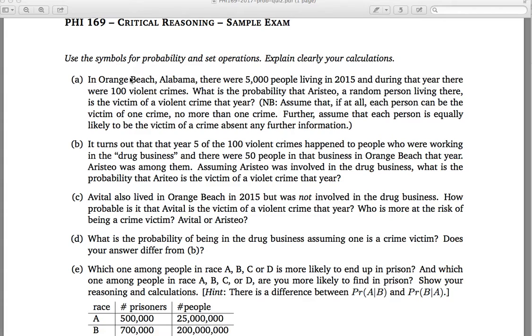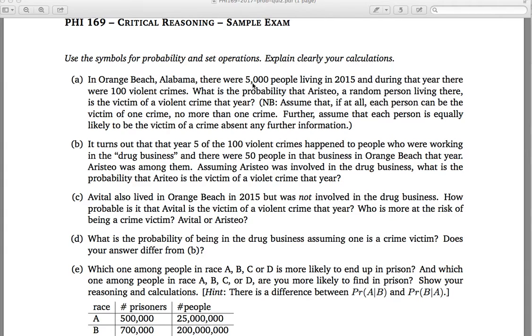And you see that there were a total of 100 violent crimes, so 100 people were victimized out of a total of 5,000 people. I also want you to assume that each person is equally likely to be the victim of a crime absent any further information. So I'm making it very simple for you.